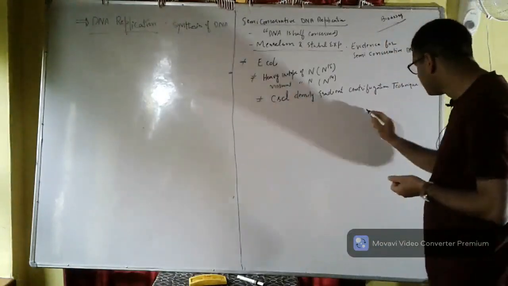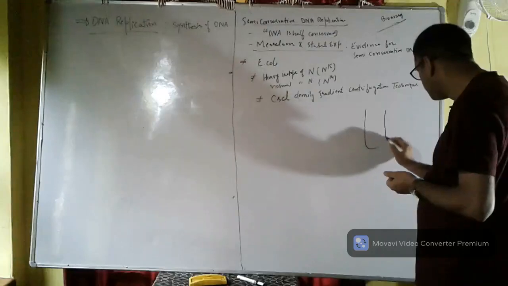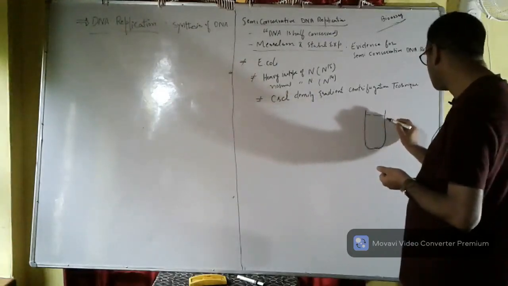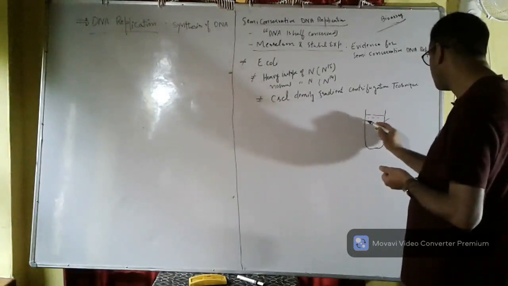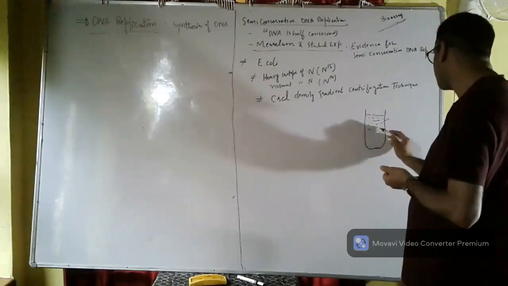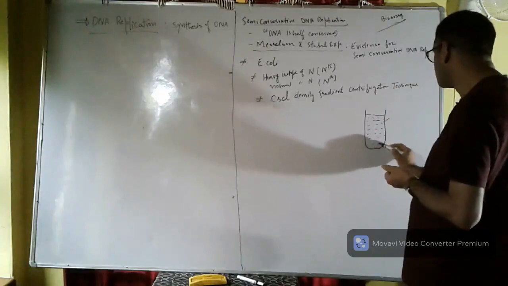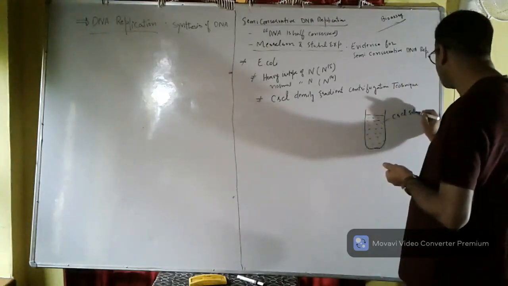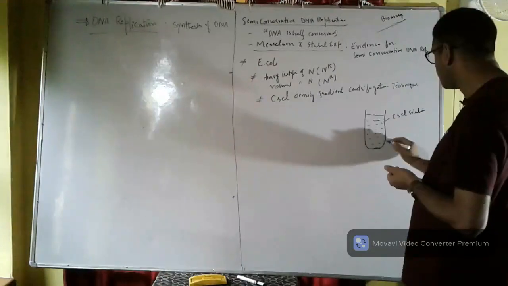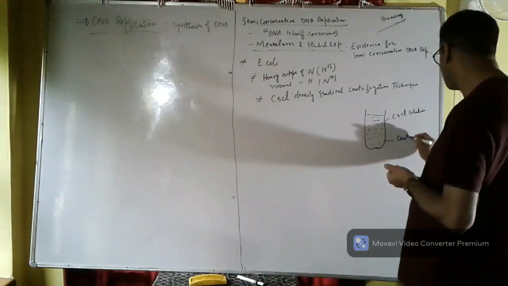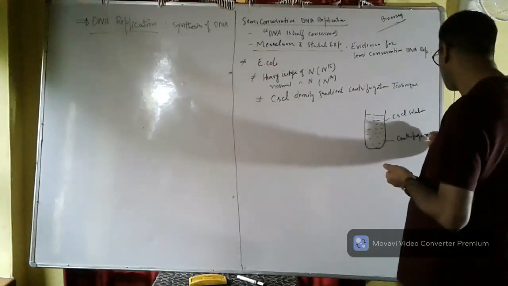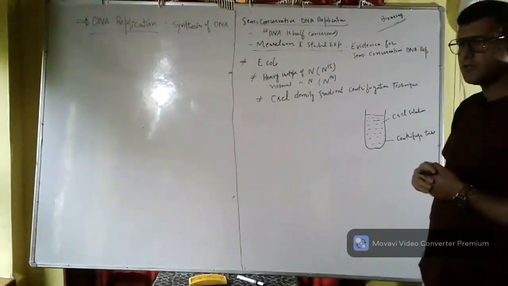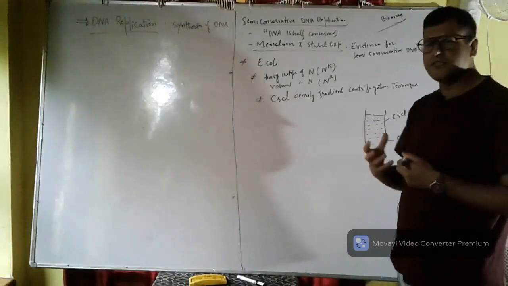It would be like this. For example, we have cesium chloride solution in a centrifuge tube. This cesium chloride solution shows a density gradient.